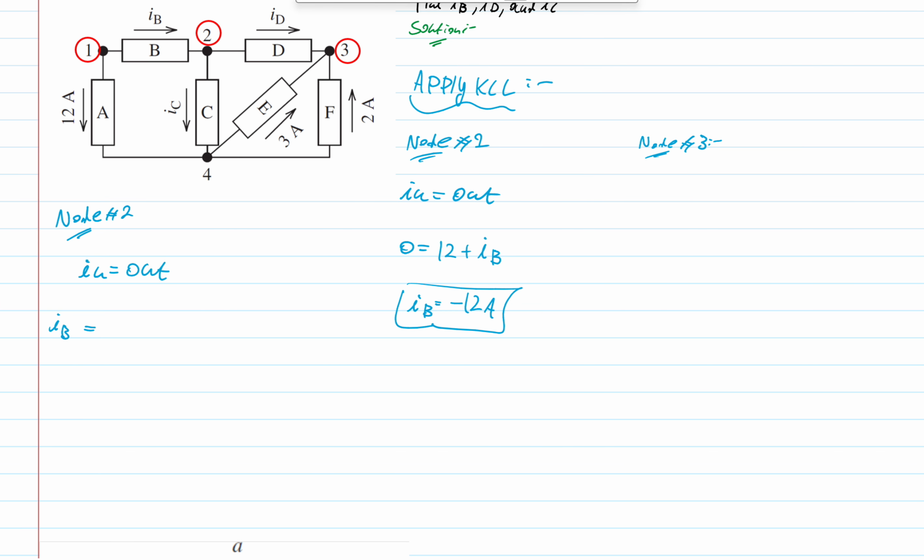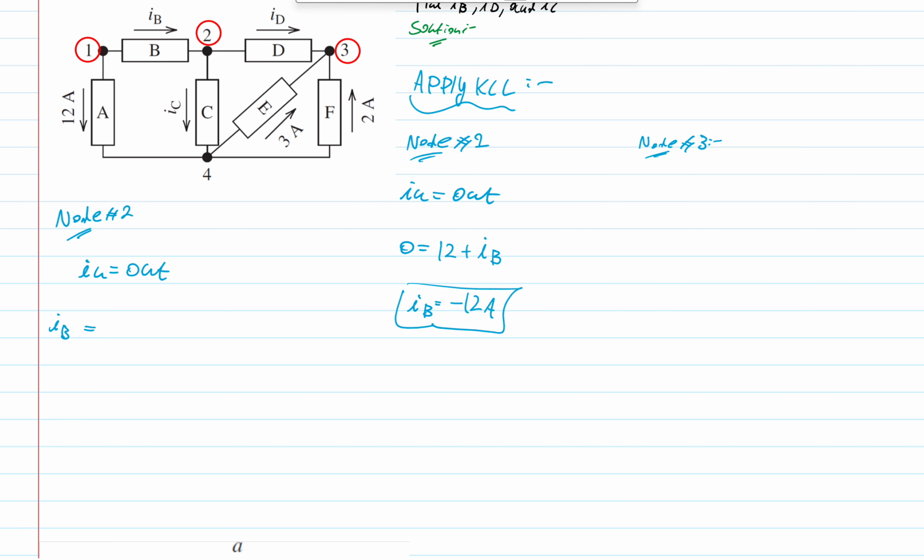So if the current is flowing from positive to negative, it's going to become minus.